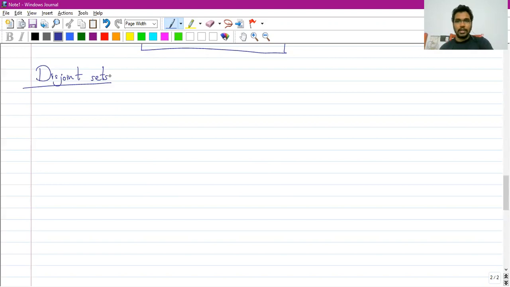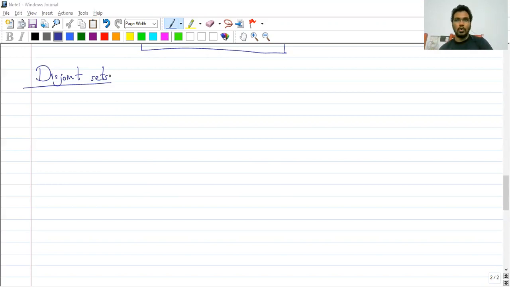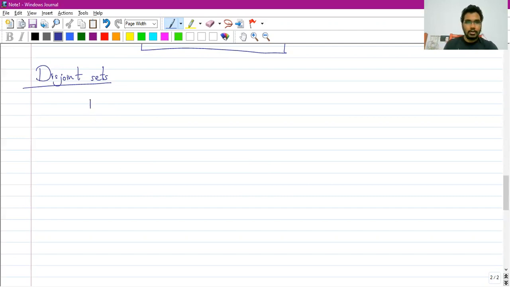So for that, we can give a small definition like this. If two sets have no elements in common, then we can say those are disjoint sets. So shall we try to understand it like this? We'll start from a Venn diagram.